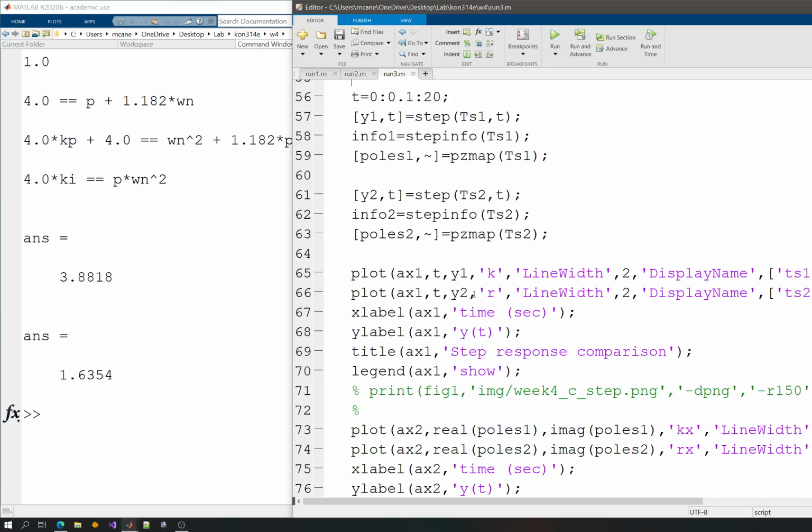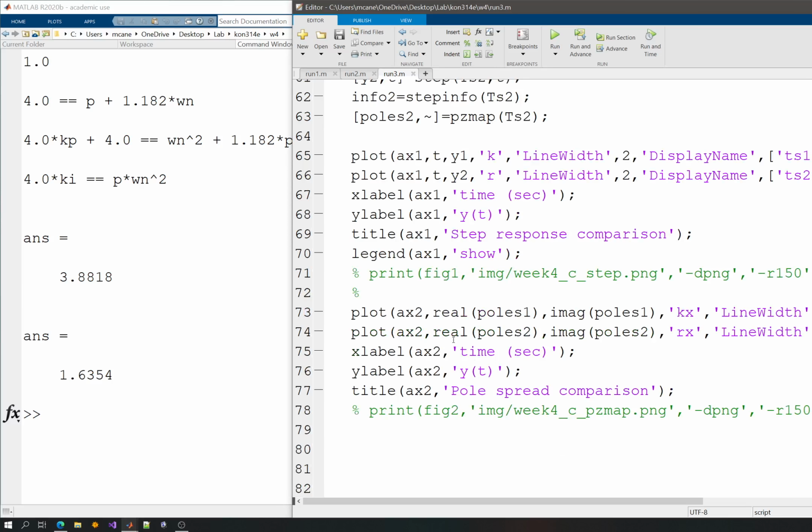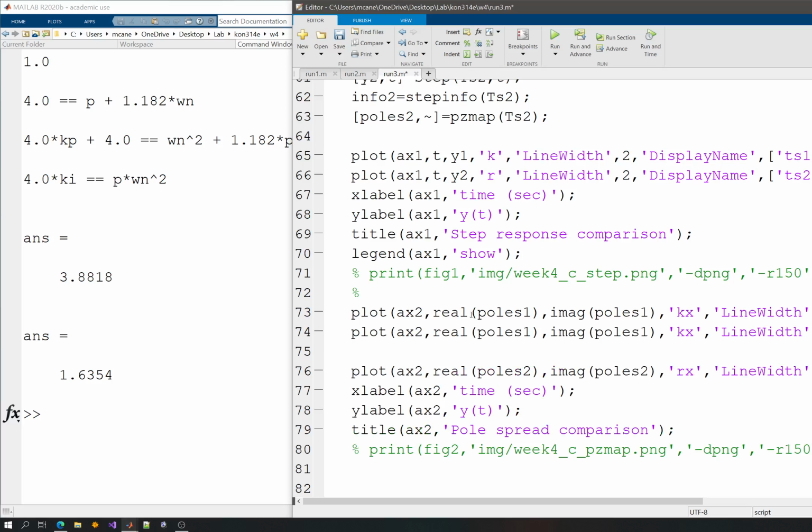So minus Ki1 divided by Kp1. And the imaginary part will be 0 since it's just one zero, since it's a real value.